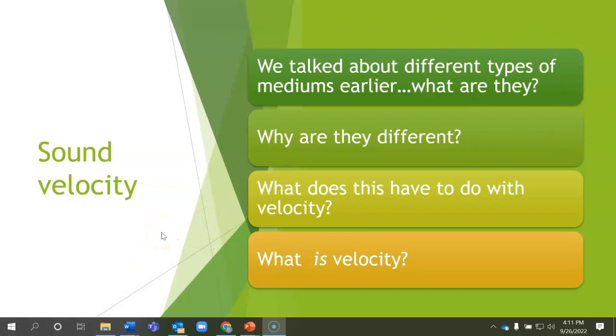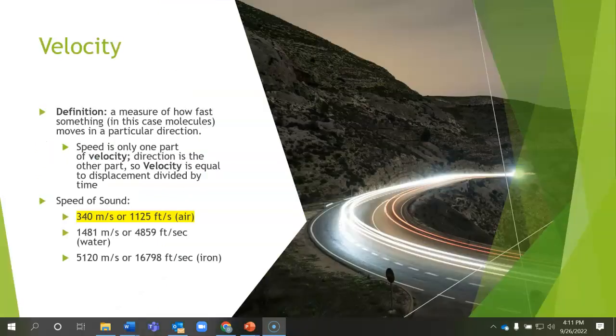But what we don't know yet is how fast sound moves through there. So the technical definition of velocity is the measure of how fast something, in this case the molecules, are moving in a particular direction. It's how fast they're moving.